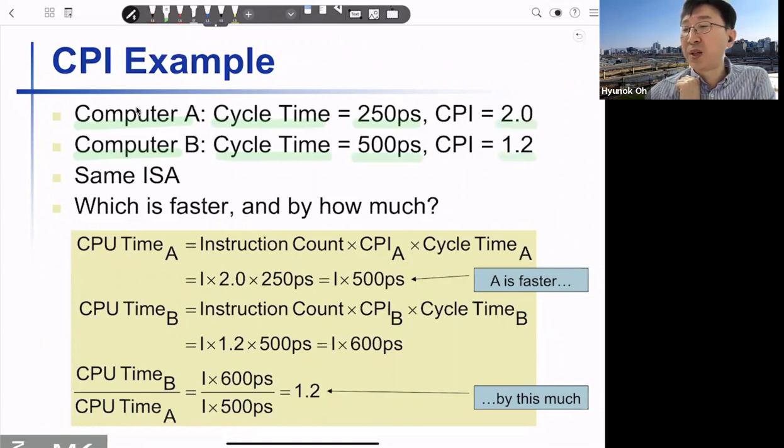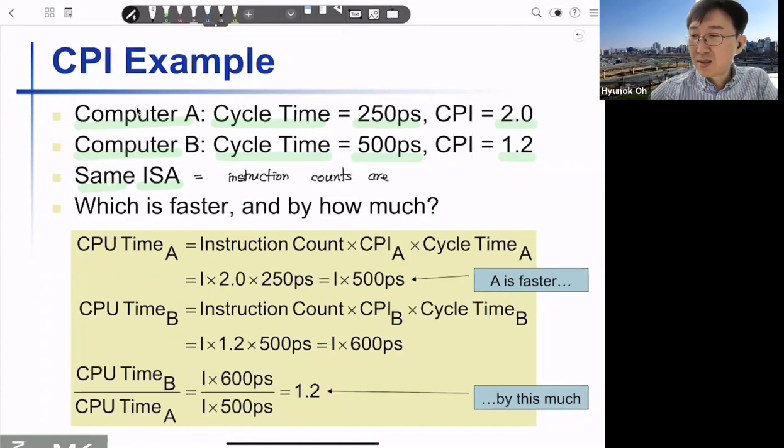And same instruction set architecture, which means that for the given application, the number of instructions are equal, okay? So what this means is the instruction counts are equivalent. Then which is faster between computer A and B and how much faster? Okay, so that's our goal.